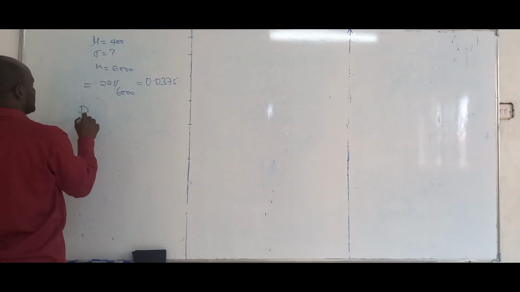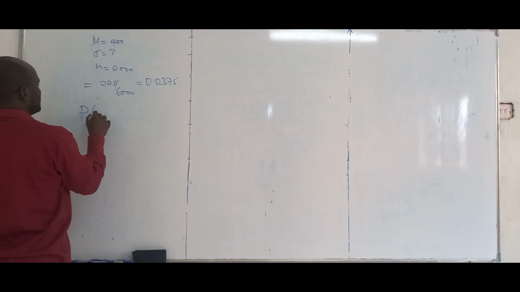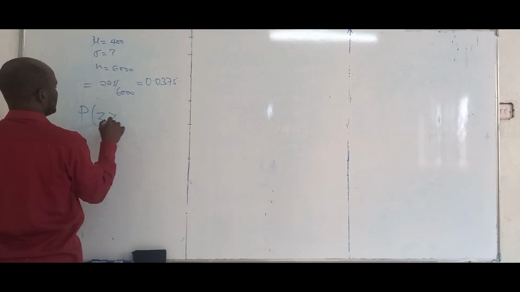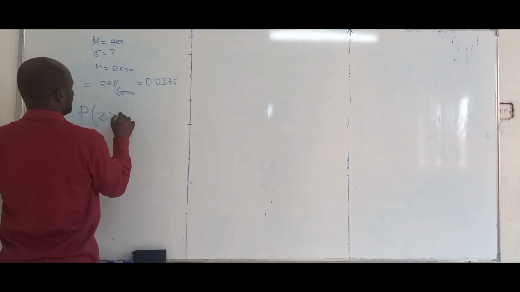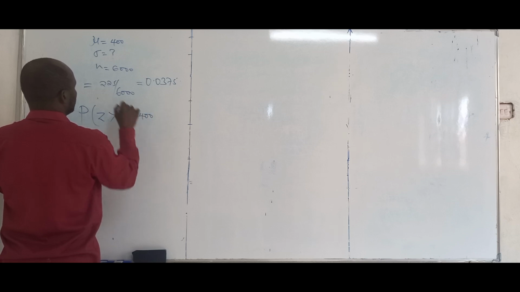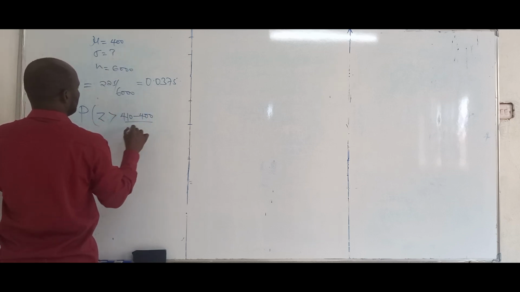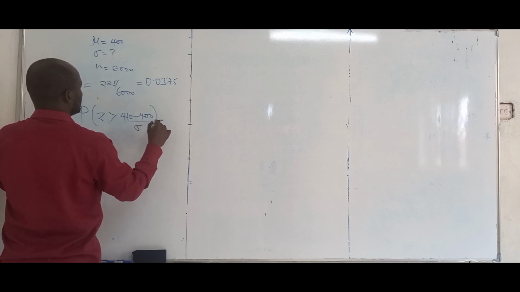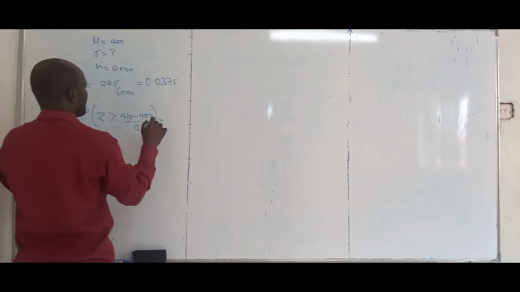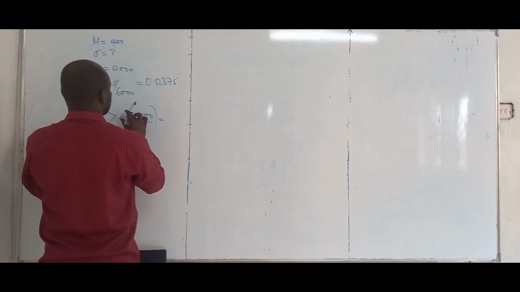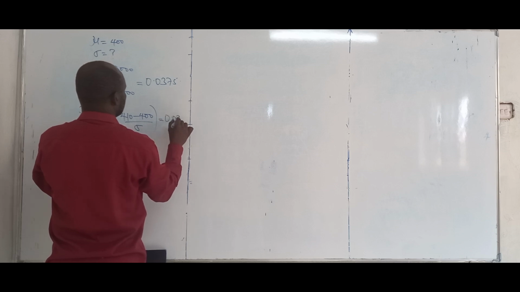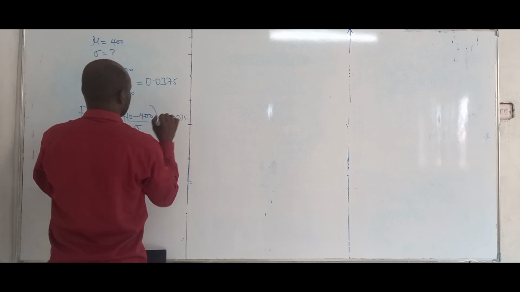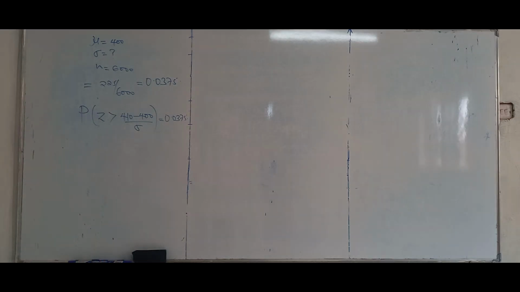So the probability that Z is greater than 410 minus 400, which is our mean, divided by the standard deviation, which we don't know, is giving us 0.0375.